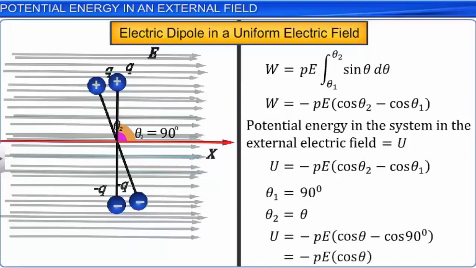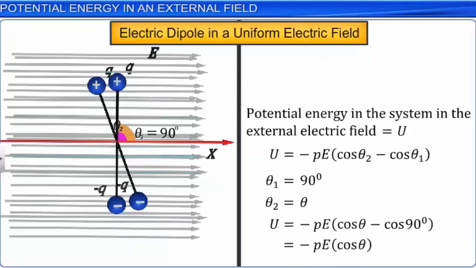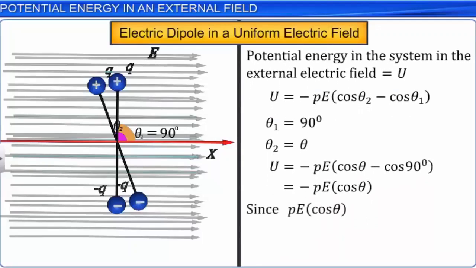We can express P E cos theta as P dot E. Then, potential energy U of the dipole is expressed as U equal to minus P dot E.